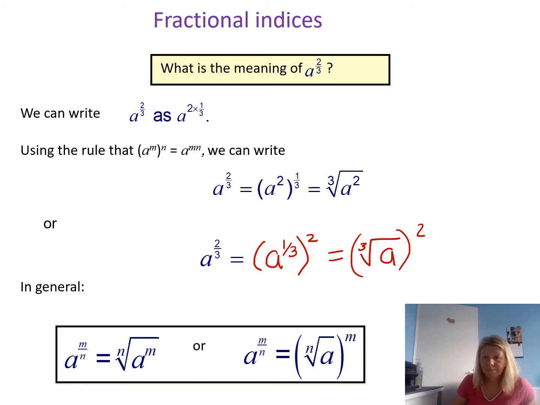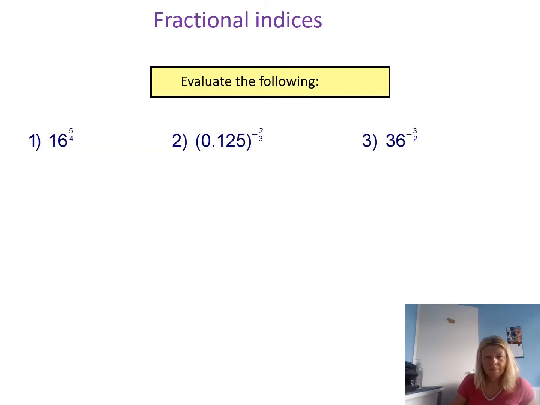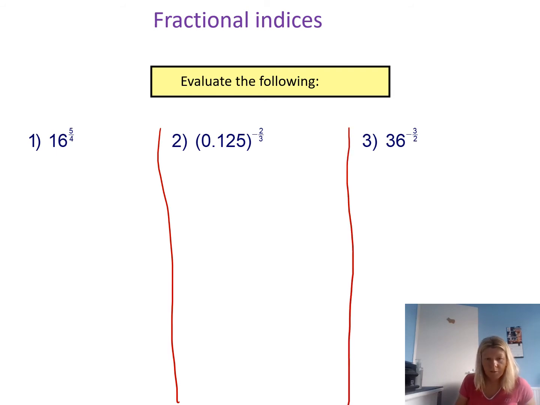Right. So, evaluate the following without a calculator. Probably the easiest way is to write it as 16 to the power a quarter all to the power 5. Now we know that's the fourth root of 16.